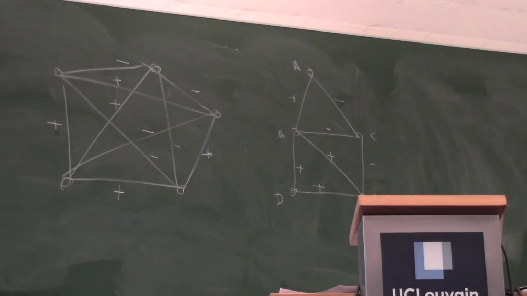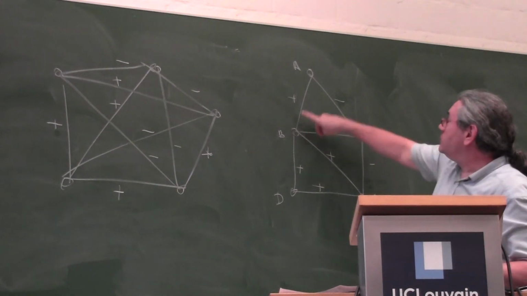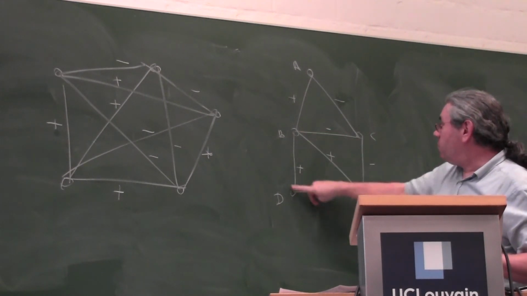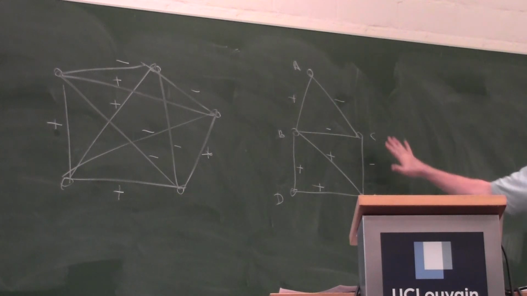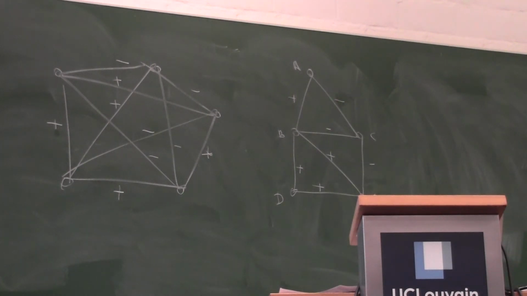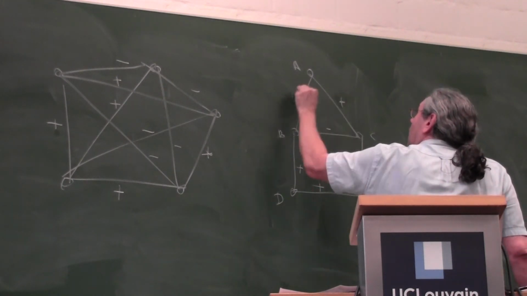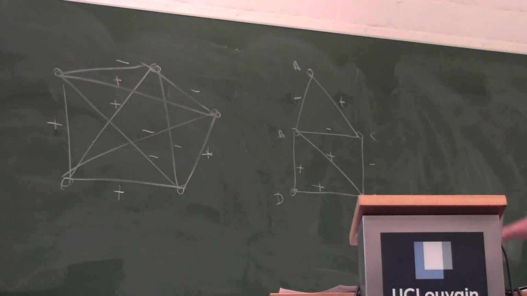Okay, so this one is plus minus minus, this one is plus minus minus, here you have 3 pluses. This is a balanced graph, okay? I could also change it a little bit and still be balanced. I could do like this, and it would still be a balanced graph.